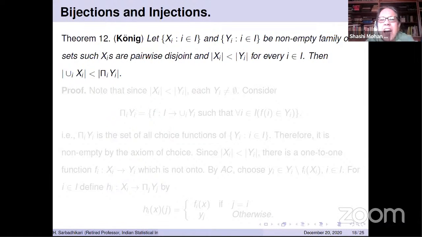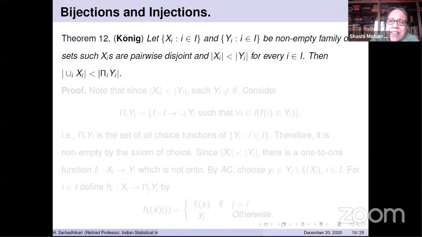So this says I take two non-empty families of sets indexed by the same I. So Xi and Yi, i in I, are two non-empty families of sets. And the Xi's are pairwise disjoint because I'm going to take the union and its cardinality.